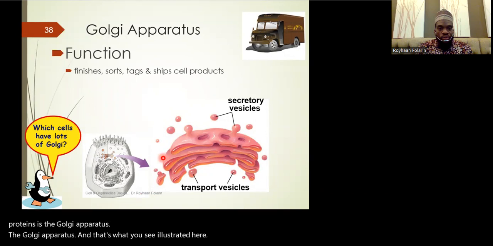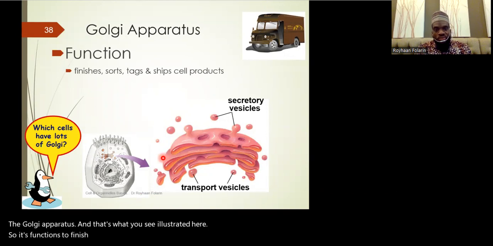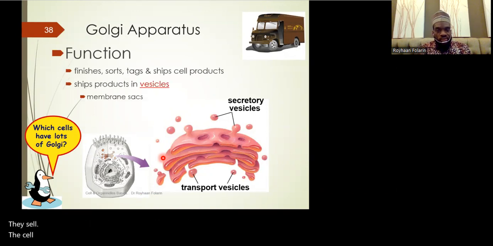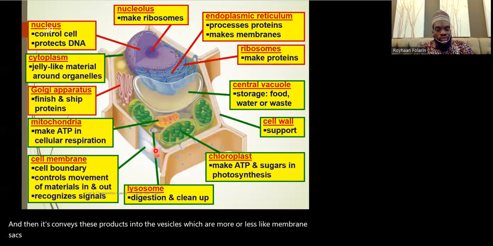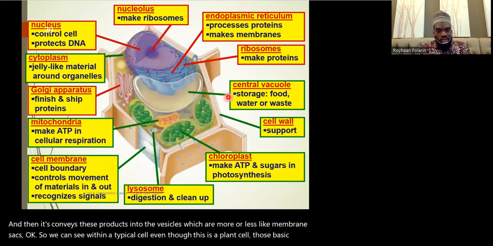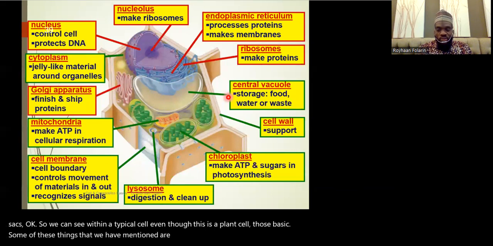So it functions to finish and then sort and then tag the cell products that have been made, and then it conveys these products into the vesicles, which are more or less like membrane sacs. Okay, so we can see within a typical cell, even though this is a plant cell, some of these things that we have mentioned are also present within the plant cell.